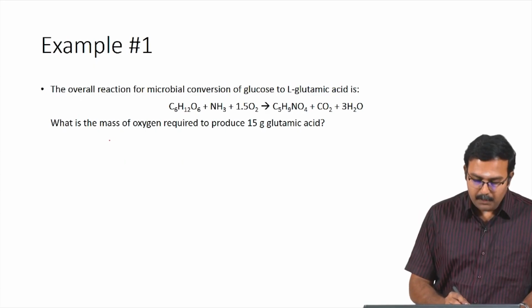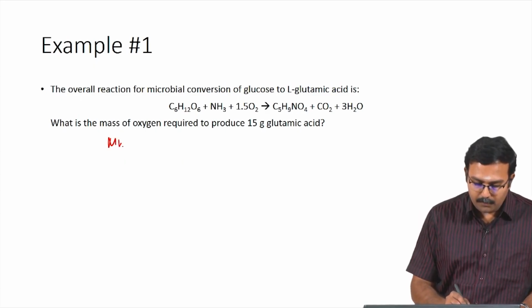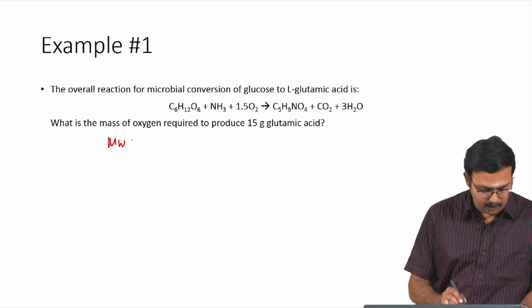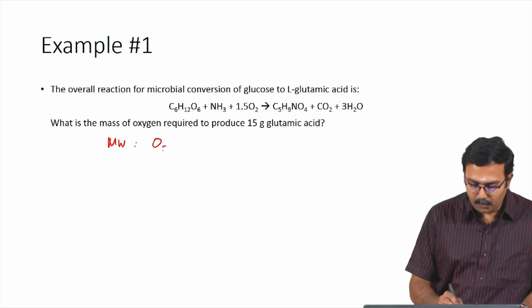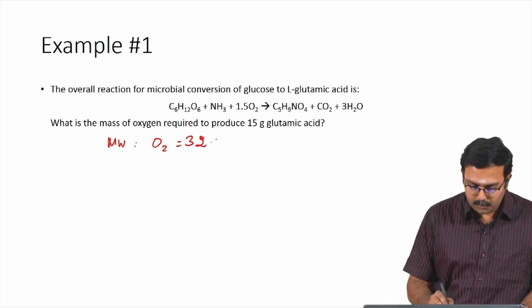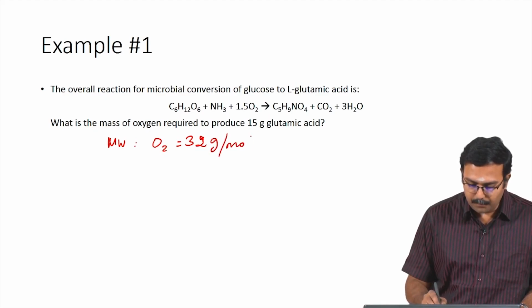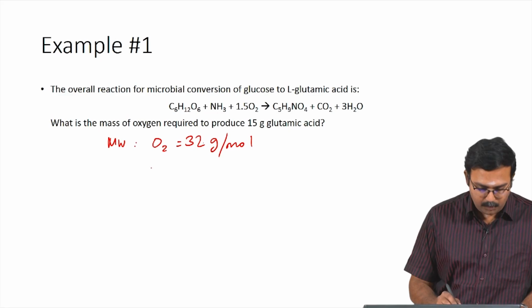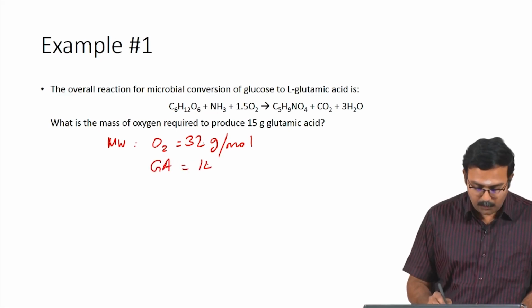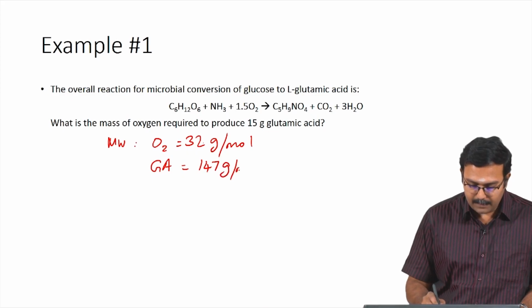For solving this problem, we need to know the molecular weights of some of the components involved. The molecular weight of oxygen would be 32 grams per mole, and molecular weight of glutamic acid is 147 grams per mole.